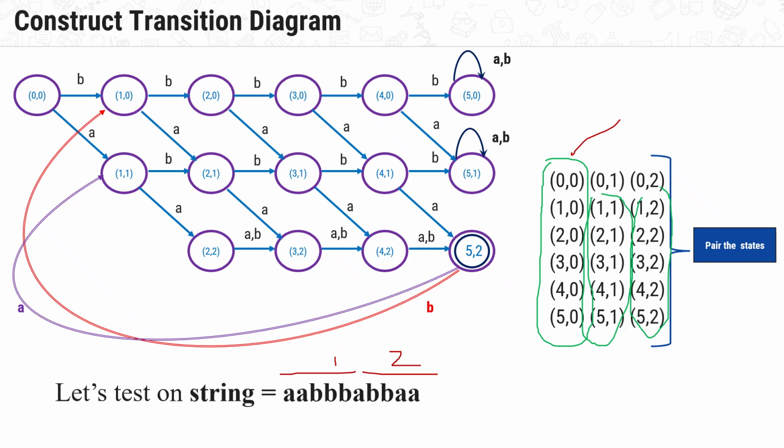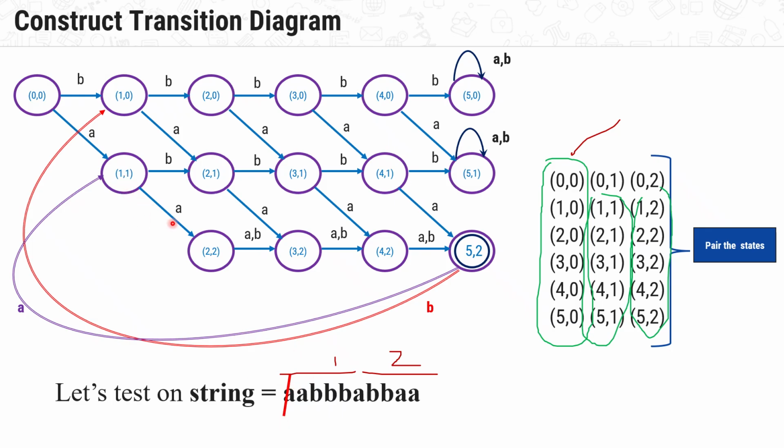So right, first A comes. As usual, you have to start with 0 0, indicating the initial state. The first A is read, so you are at the 1 1 state.